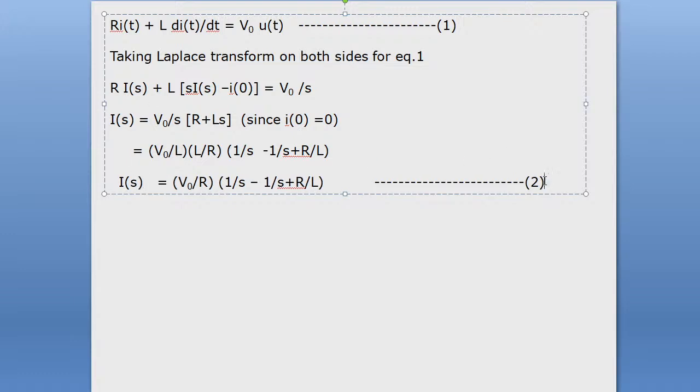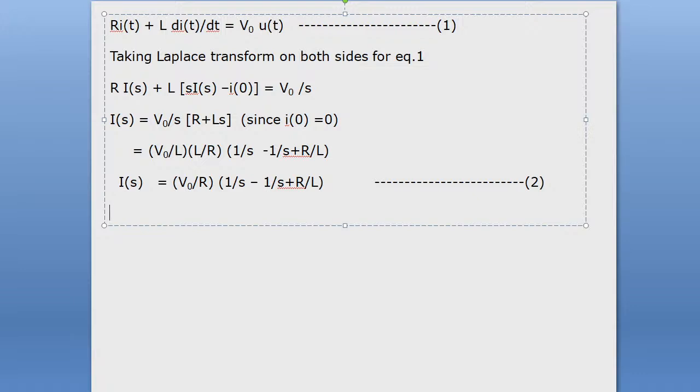Now our objective is to calculate the step response of this circuit. And you know that response means the time domain representation of the current component.